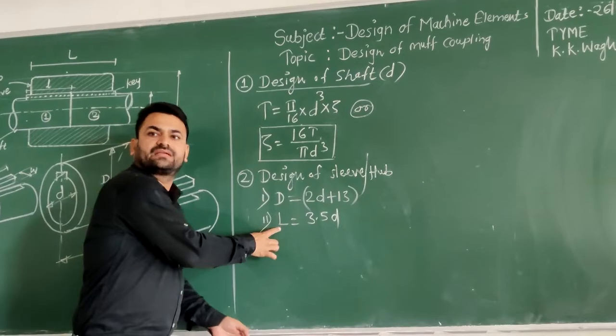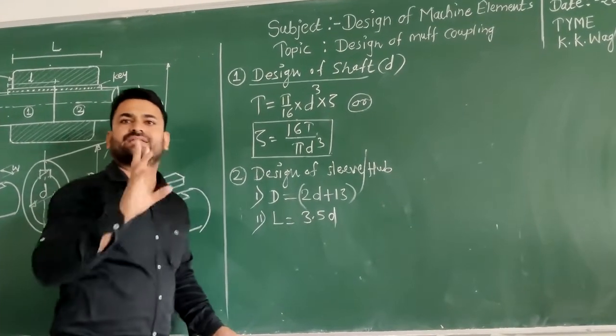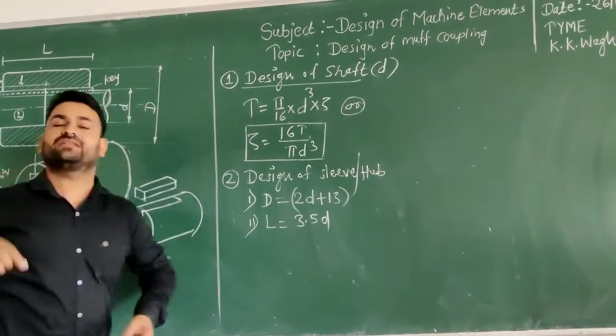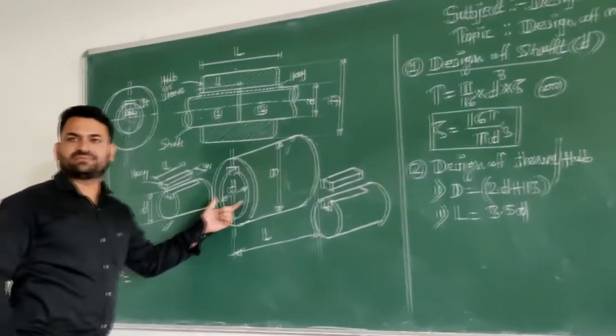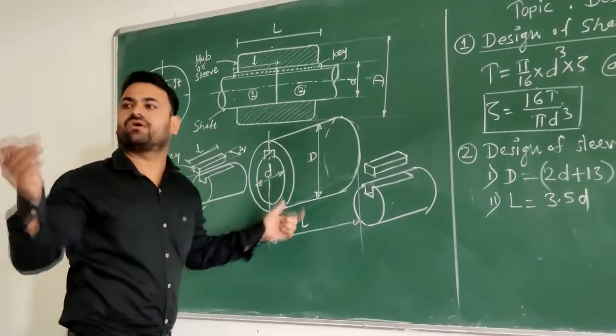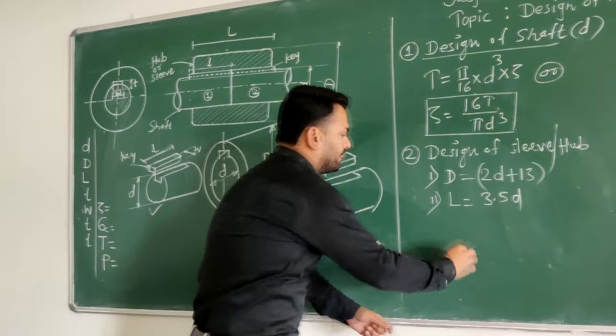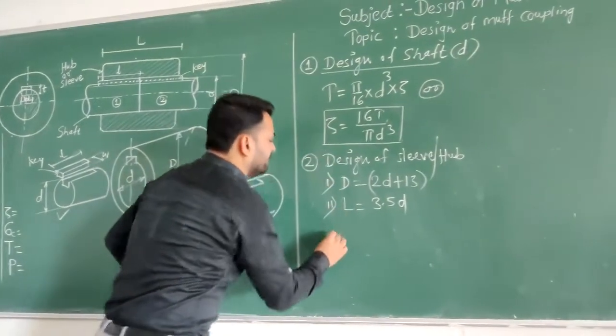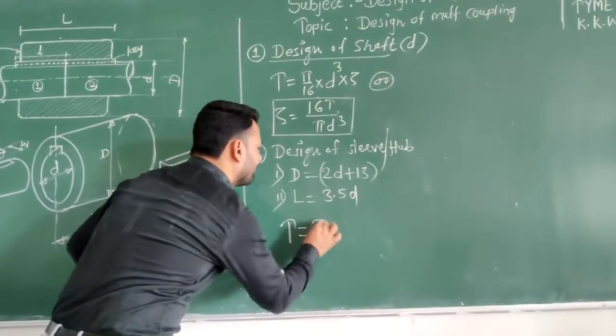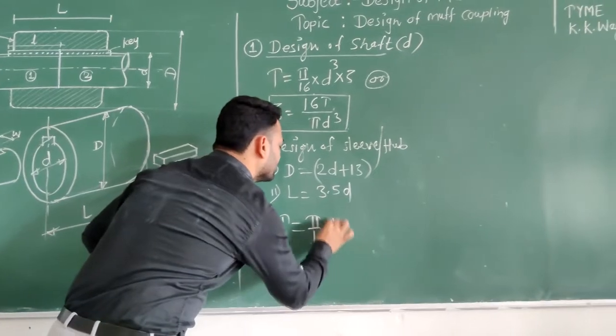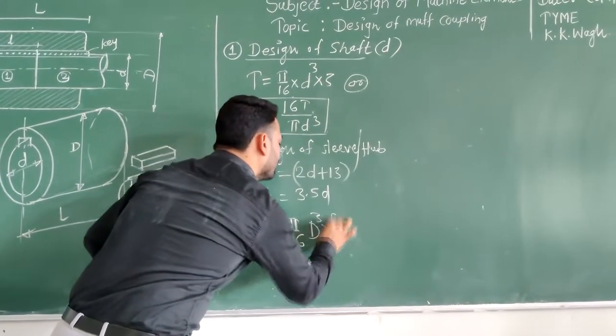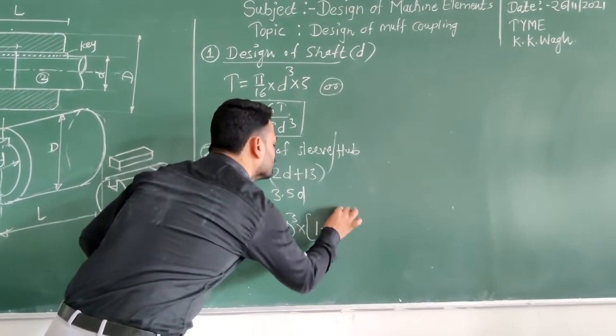Capital D, capital L, both are there. Then we have to design the hollow shaft, or design the sleeve, by considering what? Hollow shaft. So here the torque transmitted T is equal to pi by 16 capital D cube, 1 minus k raised to 4, multiplied by the torsional shear stress tau.